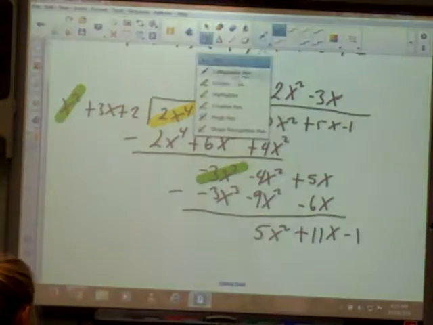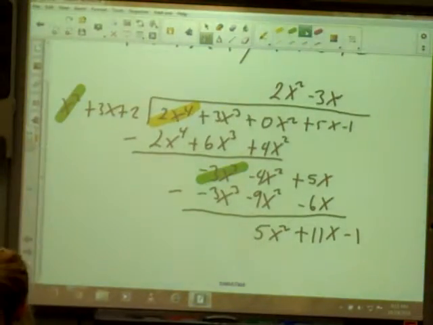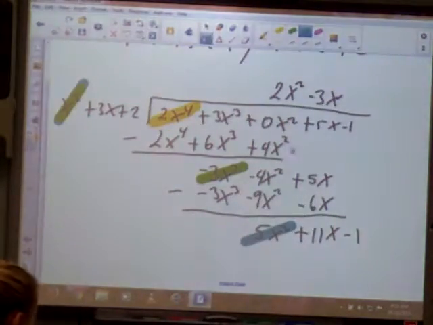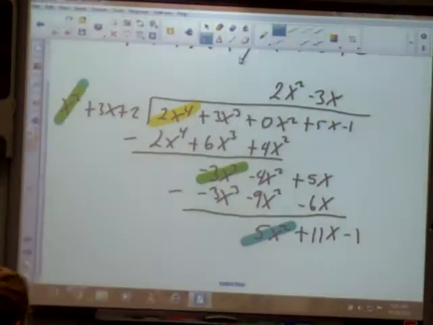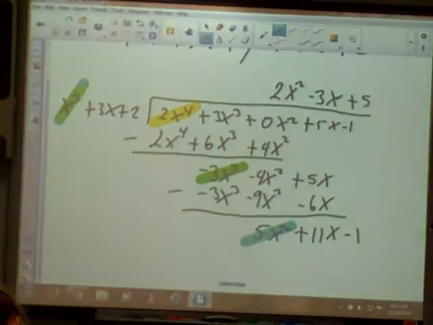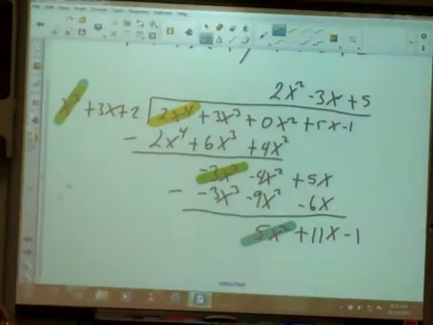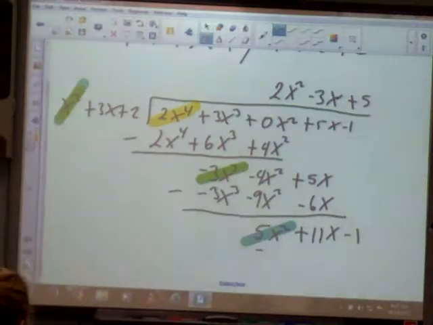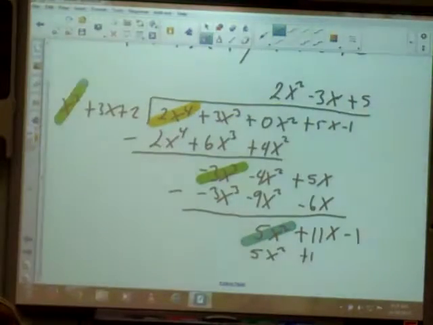And now we're doing the same thing again. x squared times what will get me 5x squared? Just 5. So we have to take that 5 and distribute it to all three of those. So 5 times x squared, 5 times 3x, 5 times 2.